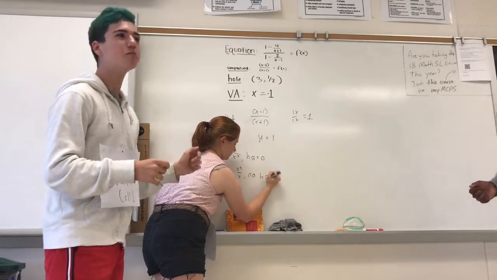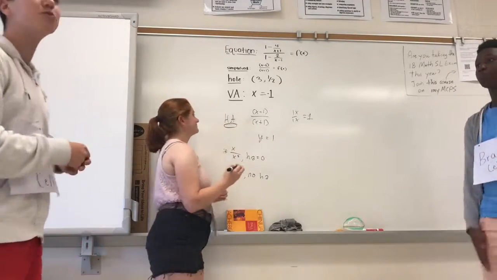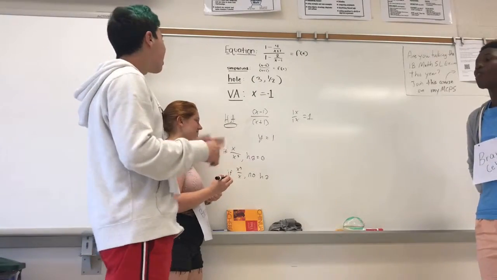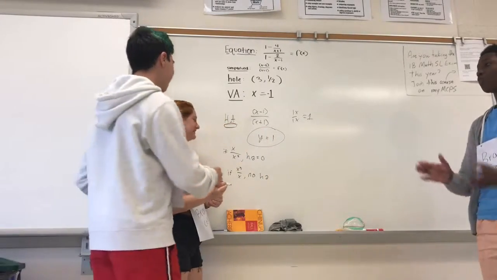However, in this situation, we have the same degree. Therefore, we find the ratio of the two x's, and in this situation, it's 1. Therefore, the horizontal asymptote is y equals 1.